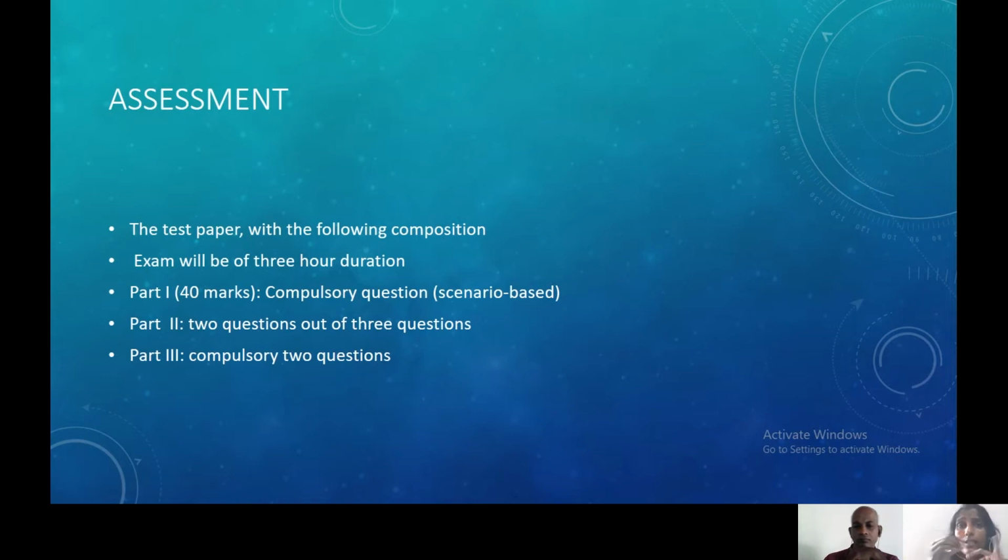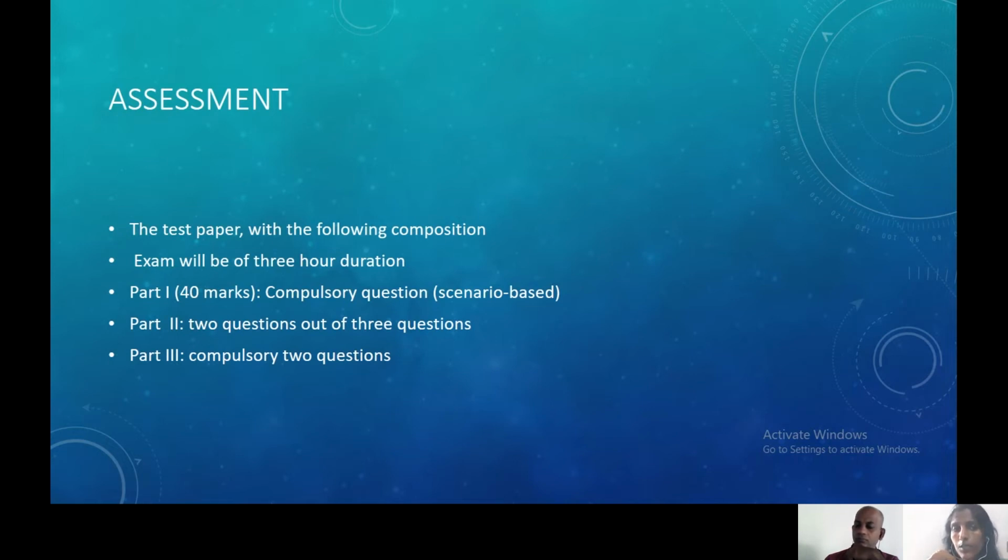Your decisions are broad strategic decisions, right? So in order to answer the paper, you need to have a very good understanding of the syllabus, right?